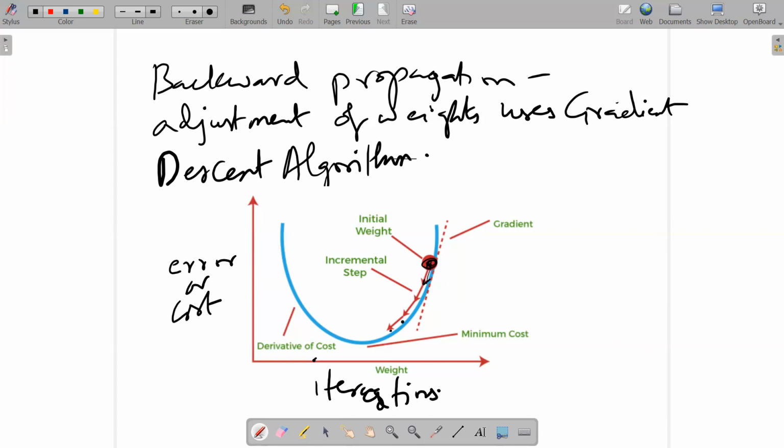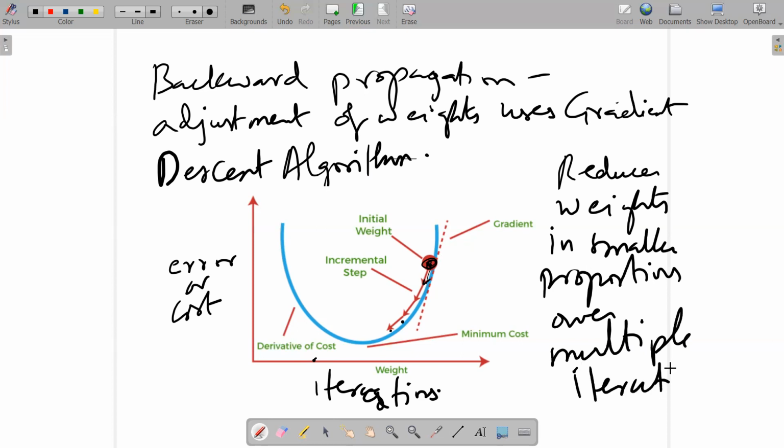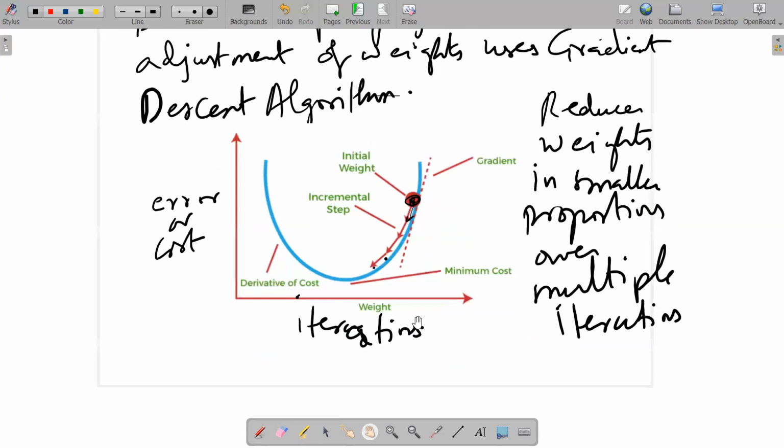So what the gradient descent algorithm says is reduce weight in smaller proportions over multiple iterations. Reduce the weights in smaller proportions over multiple iterations.